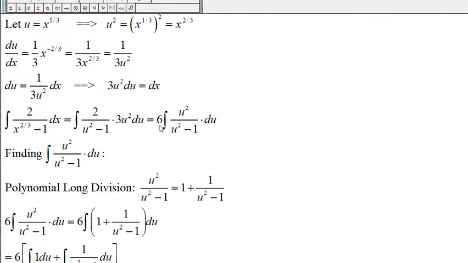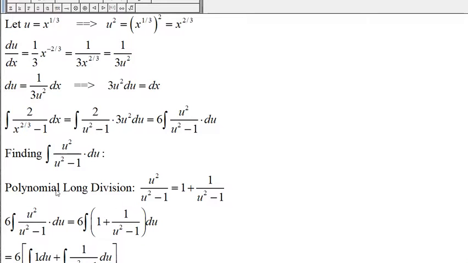And now we need to find this integral. The degree of this top polynomial is 2. The degree of the bottom polynomial is also 2. So we need to divide this quotient.